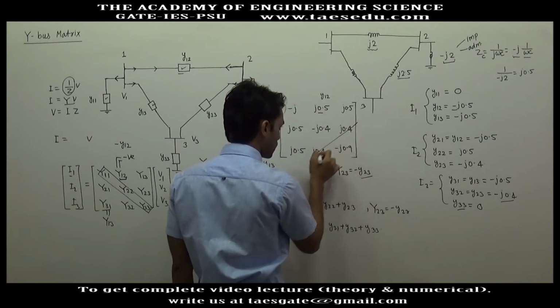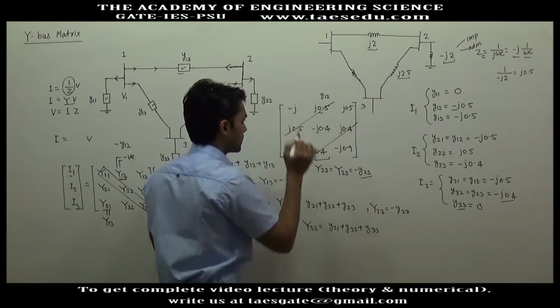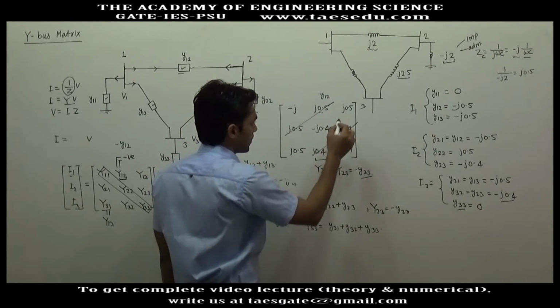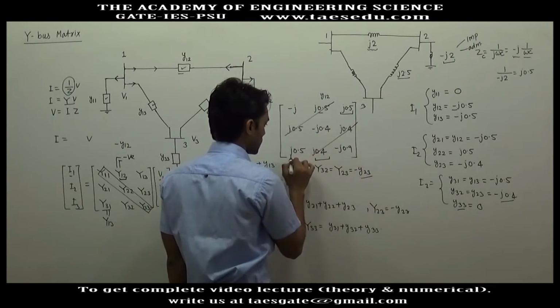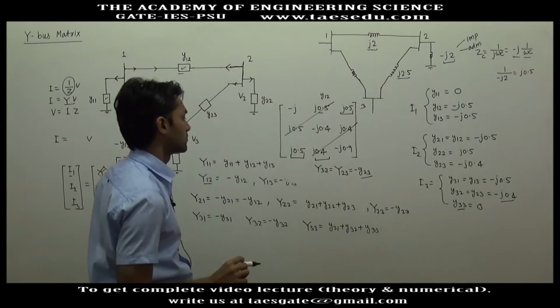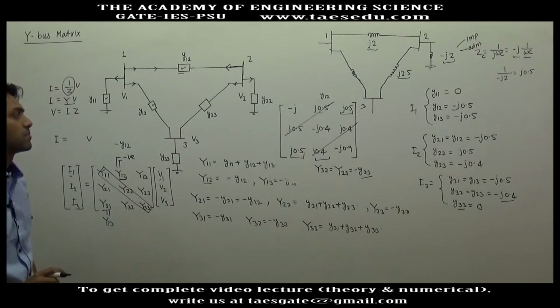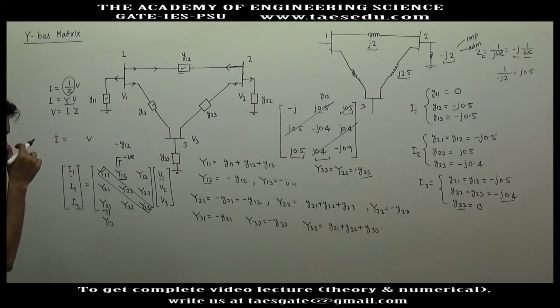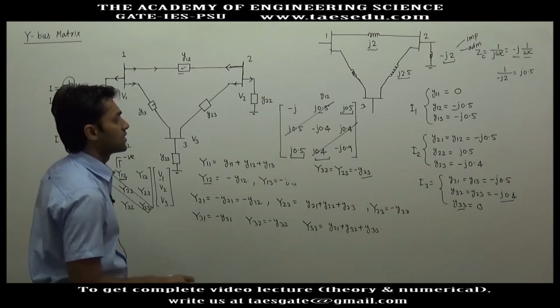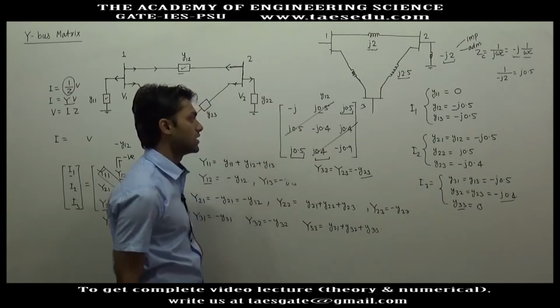These two quantities will be the same, and this quantity and this quantity will be the same. This will always happen in a Y bus matrix, and the diagonal elements are the summation of all the admittances.